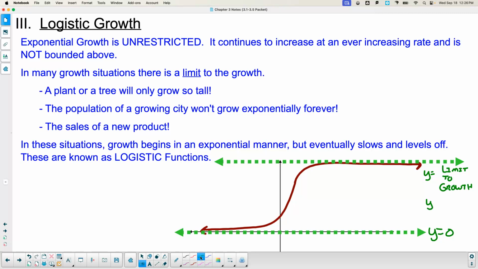Later on, we're just going to call it y equals c. So the entire function lives in between those two horizontal asymptotes. It never gets out above, never gets out below.